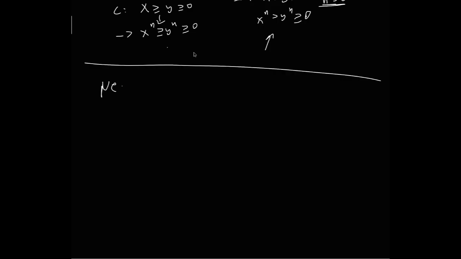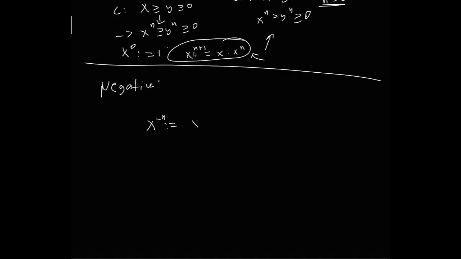Induction with the base case x to the 0 equals 1, and x to the n plus 1 is equal to x times x to the n. This is kind of what we're using induction for. We can do that, and x to the negative n is noted as the reciprocal of x to the n. So the notation kind of plays nicely there. Then you can reprove the same properties of exponentiation using the natural numbers.